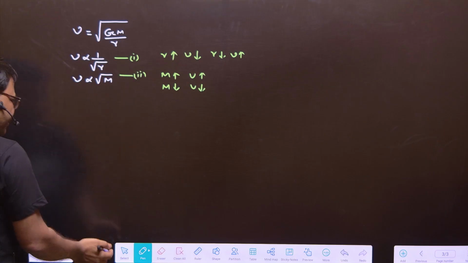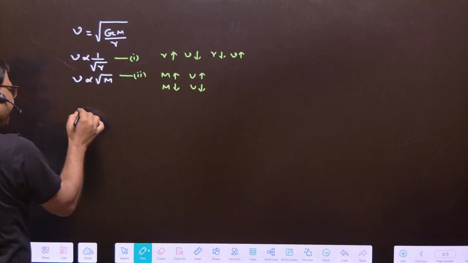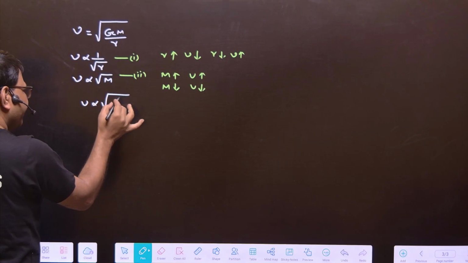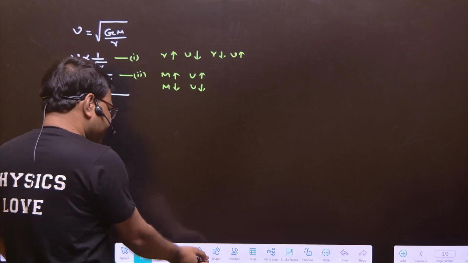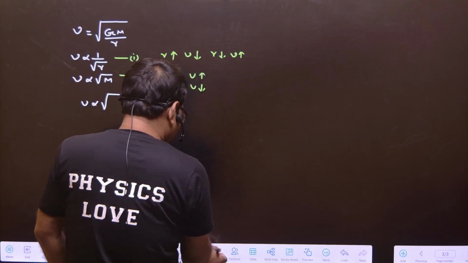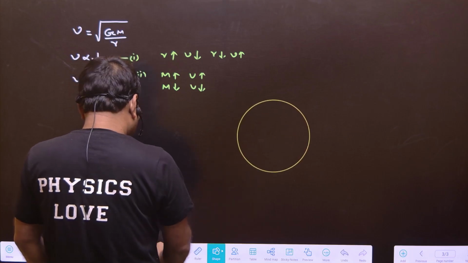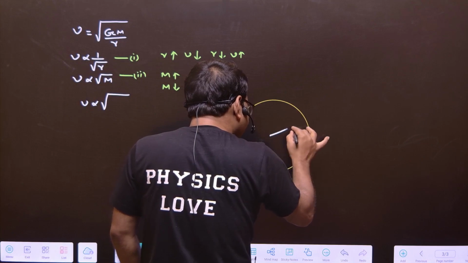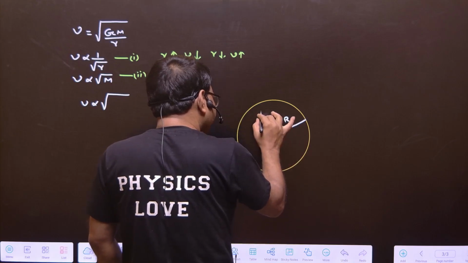From point number 2, we can write V directly proportional to the square root of M. M means the mass of the earth. Earth is like a solid sphere. Before, on the previous page, you saw this is the earth, and the radius of the earth was capital R. Assume the density of the earth is rho.